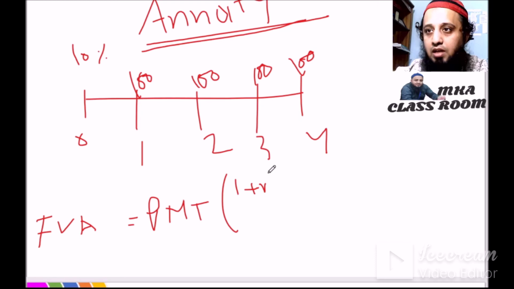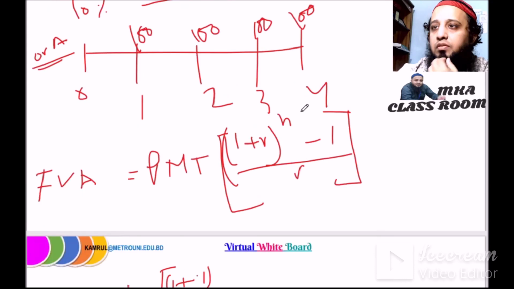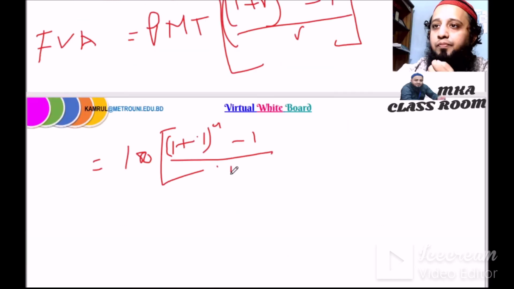So we can use the payment, 100 taka, 1 plus the rate of interest 0.10, power 4, because that is our 4-year project, minus 1 divided by 0.1. Then we can show our result using a calculator.